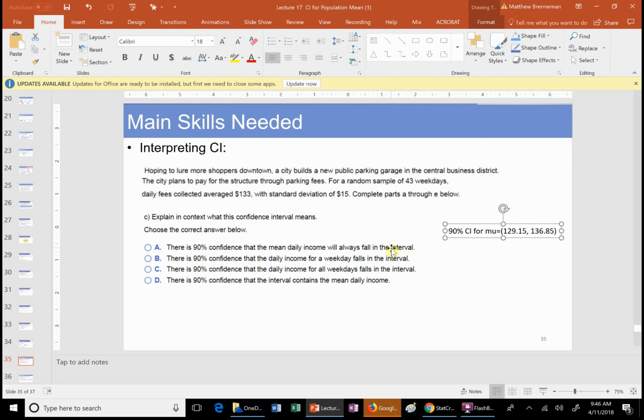So they're saying there's a 90% confidence that the true mean will always fall in this interval. And the answer is no. We can't say anything about a single interval. So there isn't a 90% confidence that it will always fall in this interval. There's a 90% confidence that the daily income for a weekday falls in this interval.